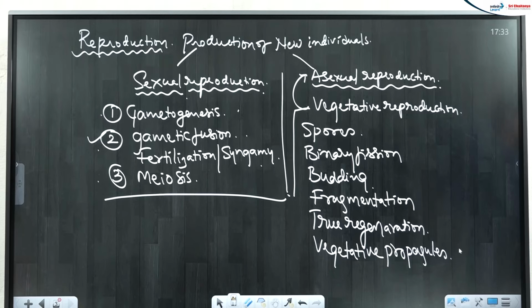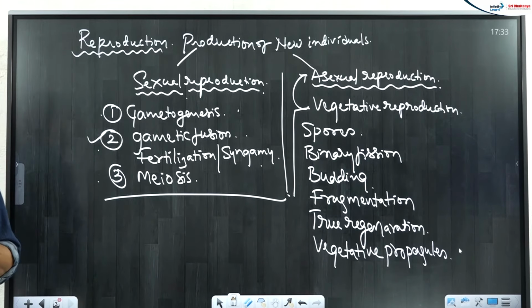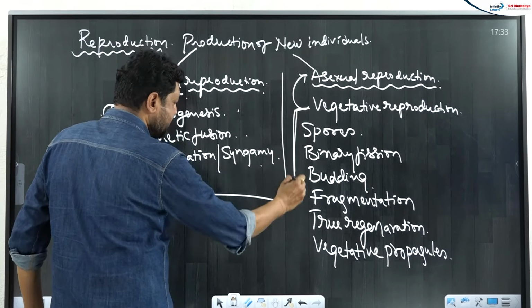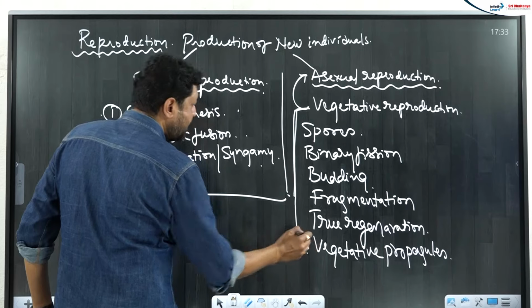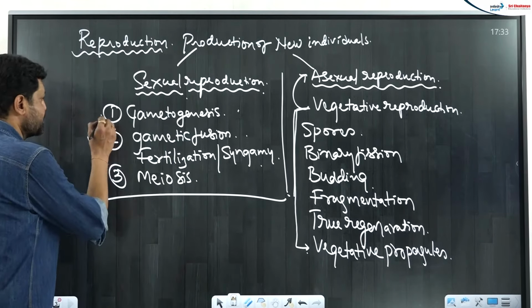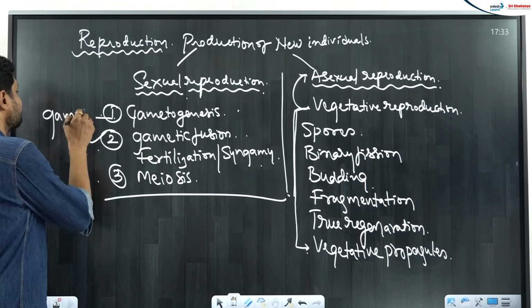Vegetative reproduction is quite common in higher plants, like where you have rhizome, corm, bulb, stem, tuber. All these help in vegetative reproduction. Clear? So vegetative propagules are formed in vegetative reproduction. So asexual reproduction takes place by means of spores, and sexual reproduction takes place by formation of gametes.